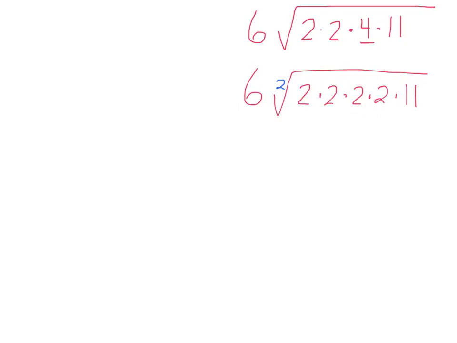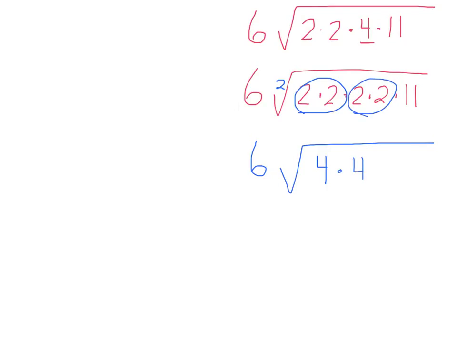So let's rewrite this as 6 square root of, and 2 times 2 is 4, and 2 times 2 is 4, times 11. And then let's take the square root of 4 and the square root of 4. The reason I'm doing that is because they're perfect squares. 4 is a perfect square, and this 4 is a perfect square.